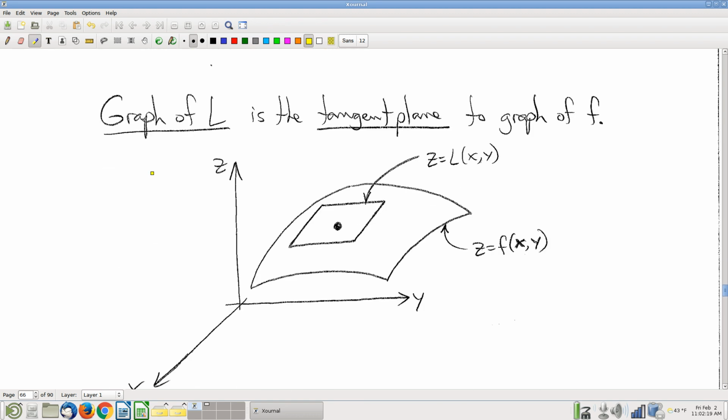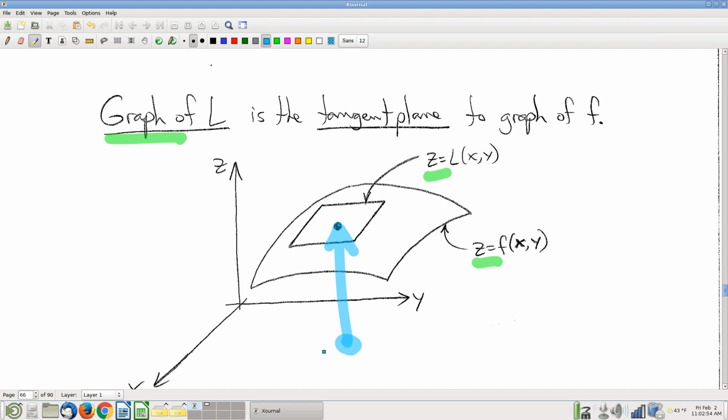And again, geometrically now, thinking of graphs. Don't forget graphs mean you're setting these functions equal to a new variable, in this case z. The graphs, at the point sitting above A comma B there, the graph of the linear approximation, imagine you were a little teeny tiny ant at that point and you didn't perceive the curvature of the function, kind of like people 500 years ago, right?